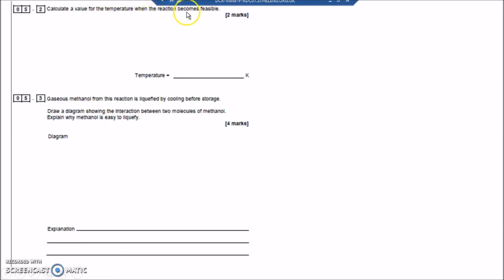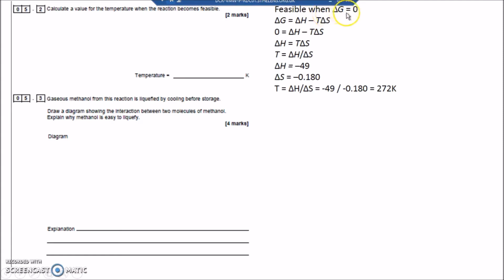Calculate a value for the temperature when the reaction becomes feasible. Well, it's feasible when delta G is 0.